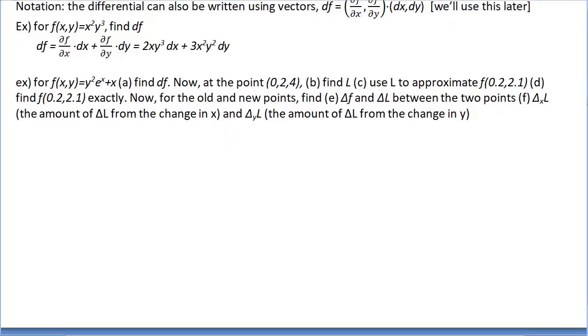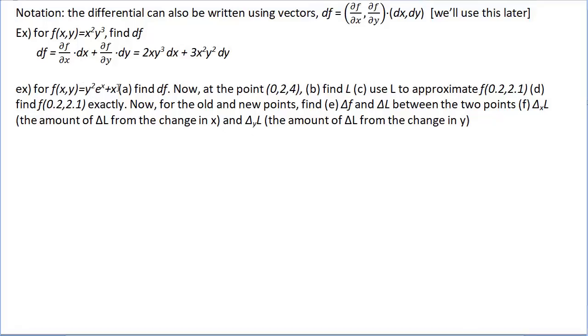So for this function, f of xy equals y squared e to the x plus x. So first, find df. Now, at the point 0, 2, 4, we're going to do a bunch of other stuff after that. So let's get into it.